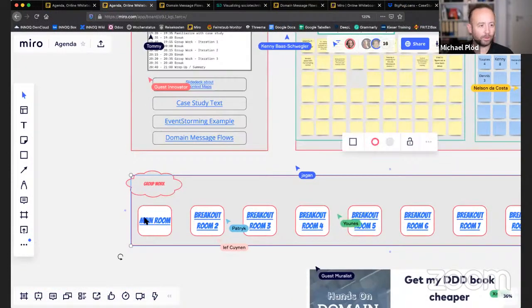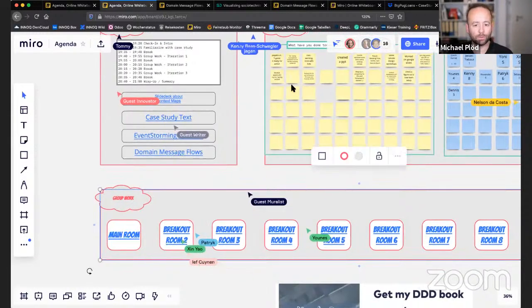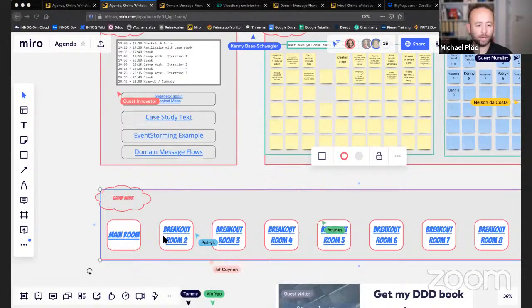Then I have breakout room 2, 3, and breakout room 4. Just check your room number and you can go to the respective Miro boards.